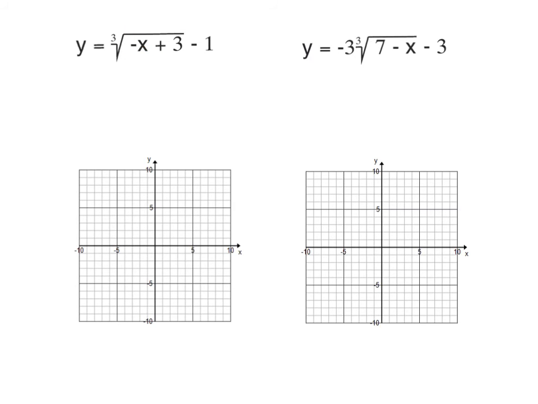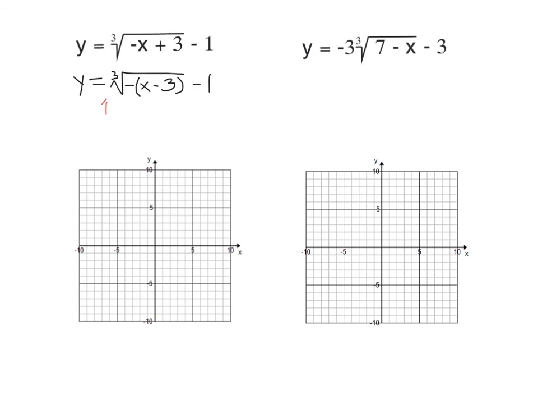So you're going to rewrite the equation anytime x is negative. So y equals the cube root of, and now we're going to factor out this negative, x will become positive, and the +3 will become -3 because we're factoring out a negative, -1.